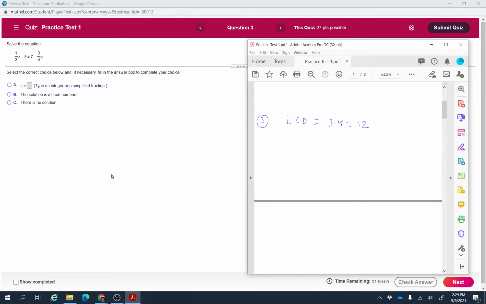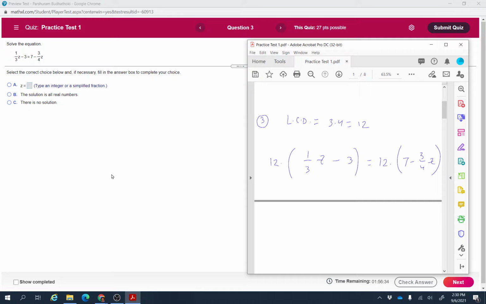If I multiply every single term on the left side by 12, again 12, 7 over 4. I'm just multiplying both sides by 12.